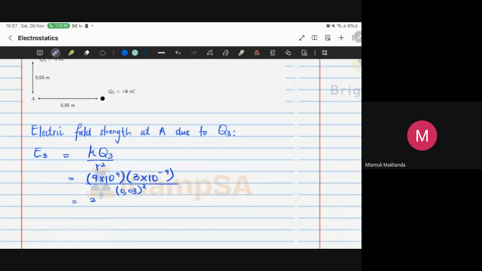The answer is 30,000 newtons per coulomb.